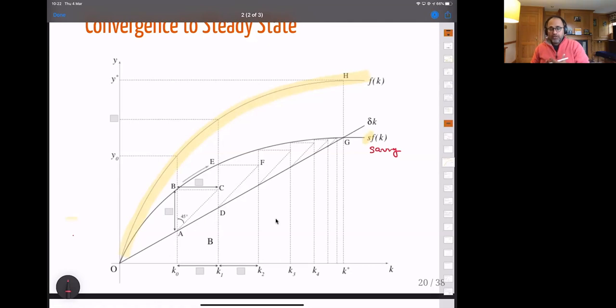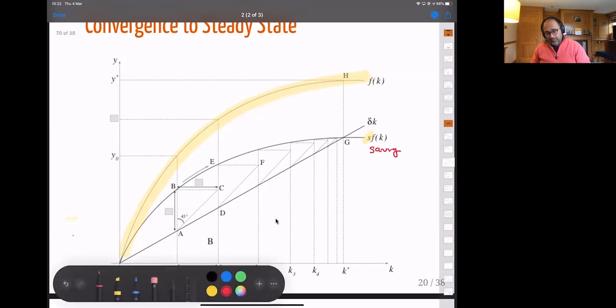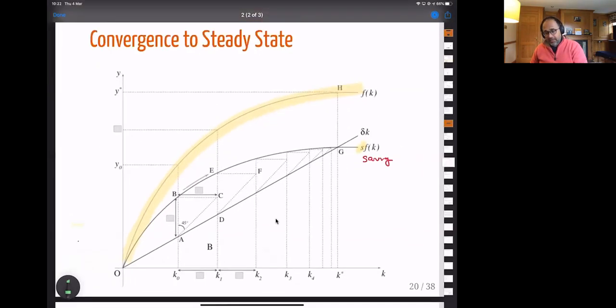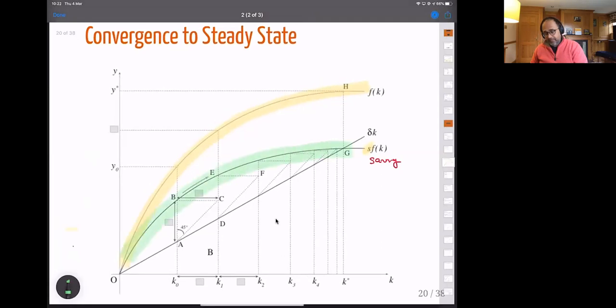Okay, so the green line that I've highlighted is the saving line, and that tells you, given the capital stock, how much has been saved in the economy.